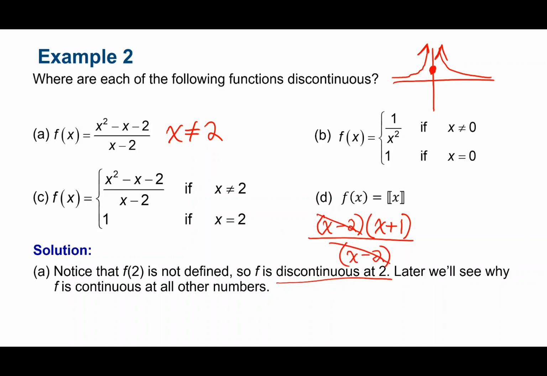Cancellation. Then if we plug in 2, that's what x value we're looking at around. We get the limit.